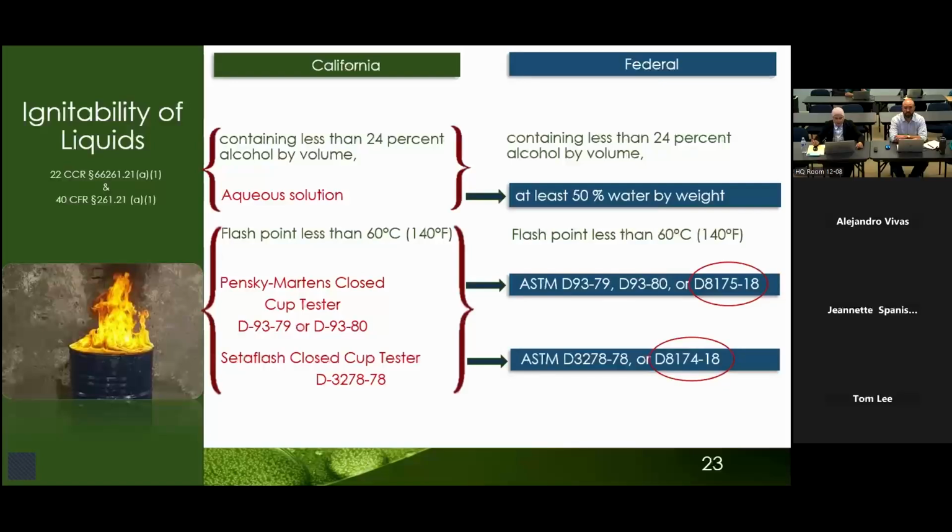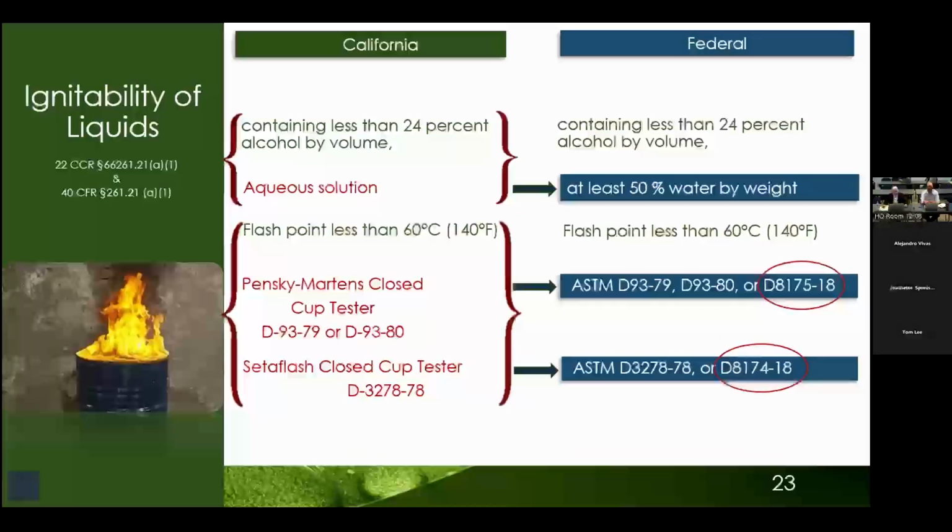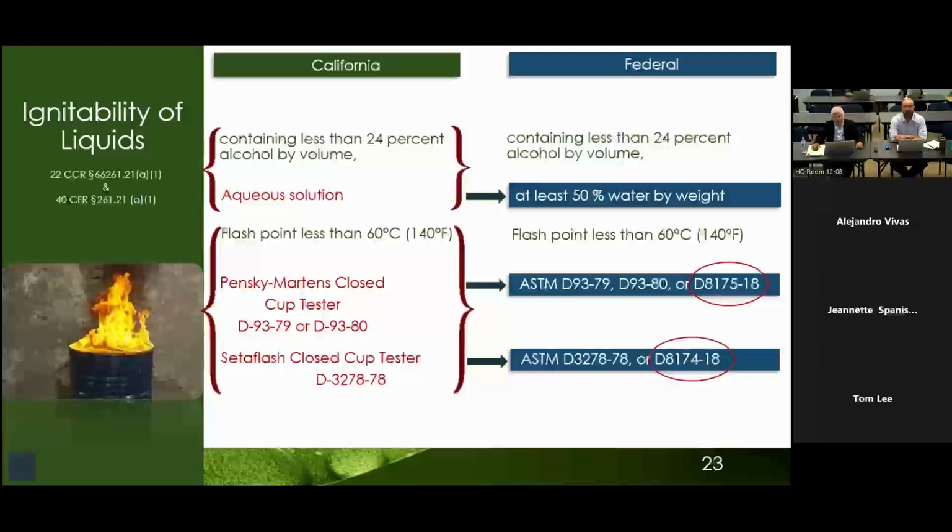The key point to note here is that the first two regulatory requirements pertain to alcohol exclusion, and the next 3 regulatory requirements are to determine the ignitability of liquid waste. Before we go further to get to these differences, we need to spend some time understanding these concepts.